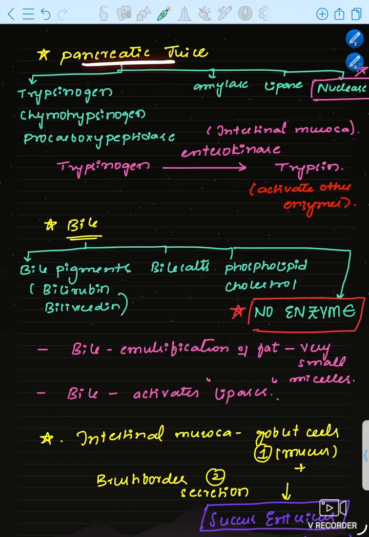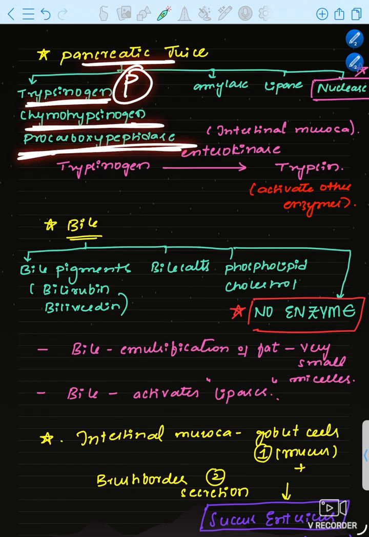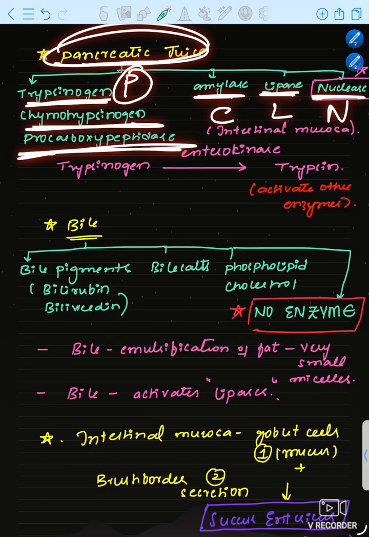And in the pancreas, trypsinogen, this is also for protein, okay, trypsinogen, chymotrypsinogen, procarboxypeptidase. And amylase, that is carbohydrate, lipase, nuclease, everything is present; the breakdown occurs by the pancreatic juice.